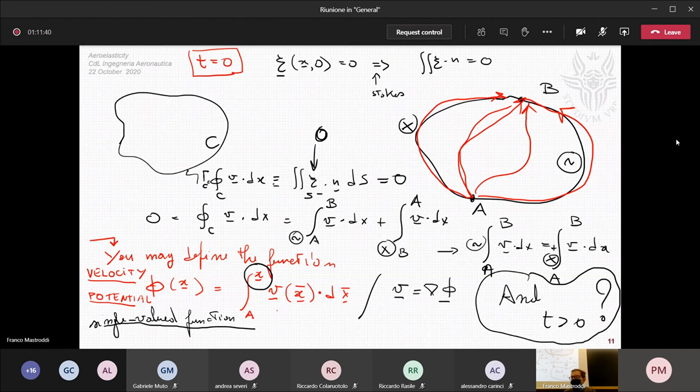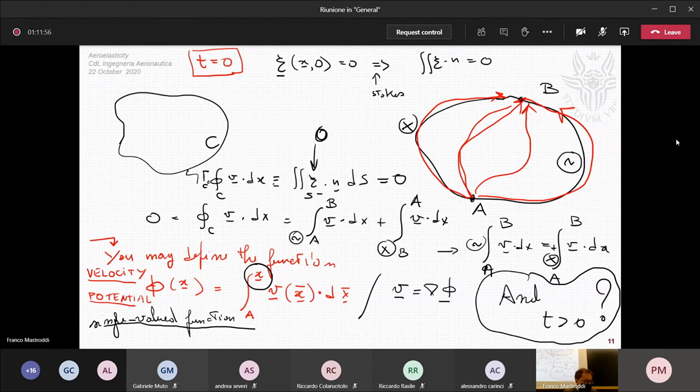This is the direct and the inverse definition of phi, excuse me. This is true strictly for initial time. And what about the time greater than 0?